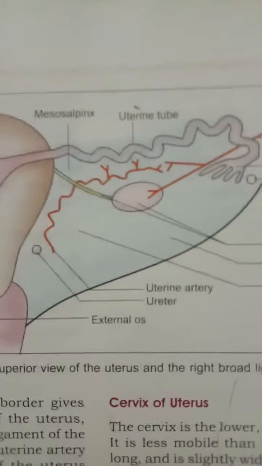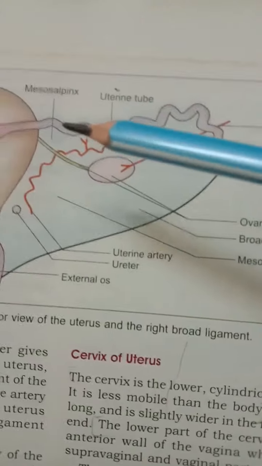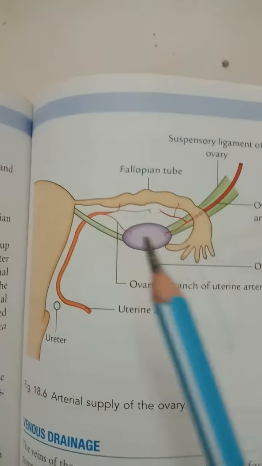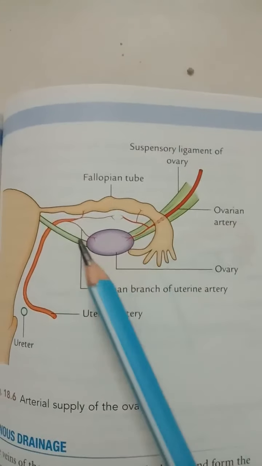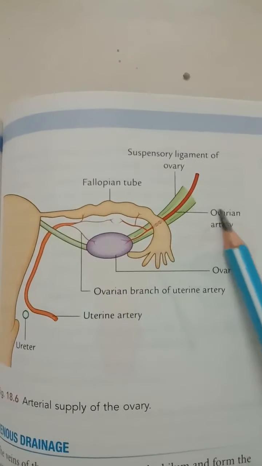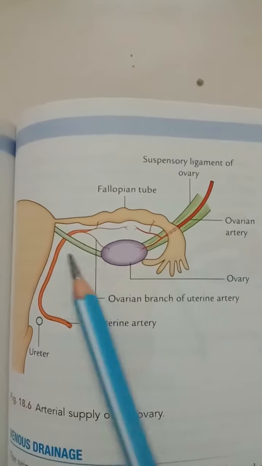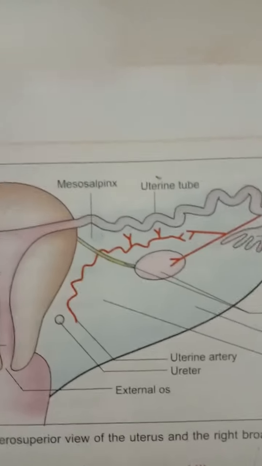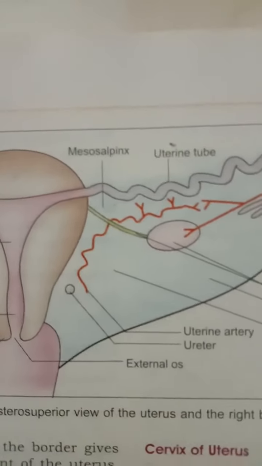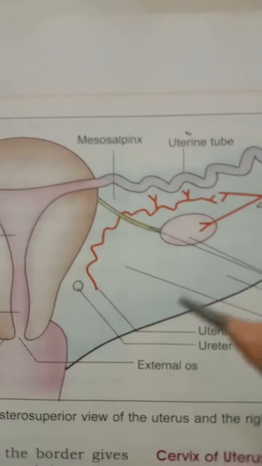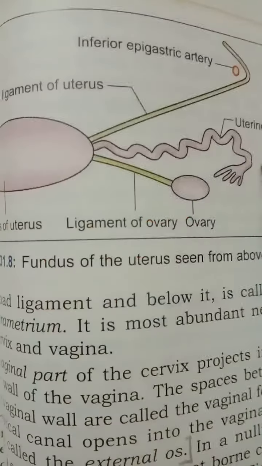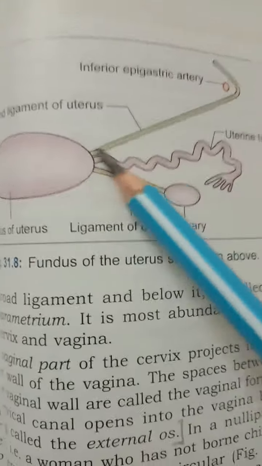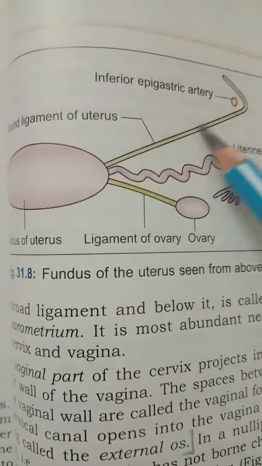Here you can see the ligament of the ovary, and here the suspensory ligament, and the second one is the round ligament of the uterus. Here you can see the round ligament of the uterus, this one.